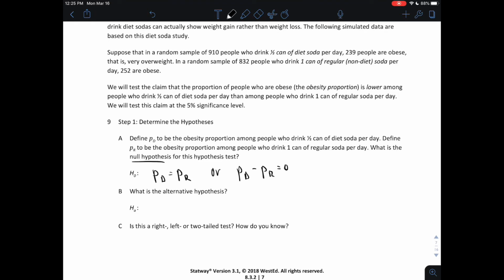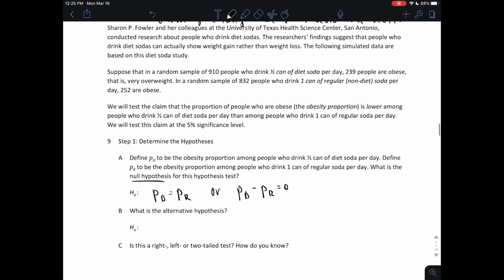Part B, what is the alternative hypothesis? For this, we should take a look at what was written before, some key words that might be useful to find: test the claim. And this says the proportion of people who are obese is lower among people who drink a half can of diet soda per day than among people who drink 1 can of regular soda. So this is saying that the proportion for diet soda is lower than the proportion for regular soda.